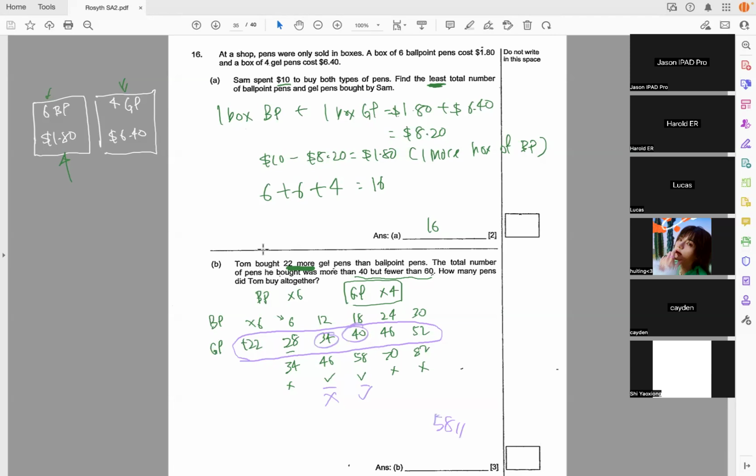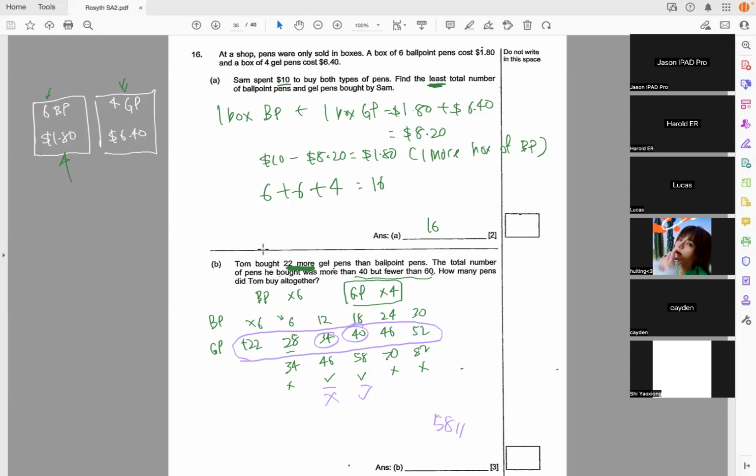Any question? So this question 16B is not easy. There are several conditions that you have to test, right? The first condition is that your gel pen must be 22 more, which is very easy. You just add 22. The second condition is that the total number of pens must be between 40 and 60.